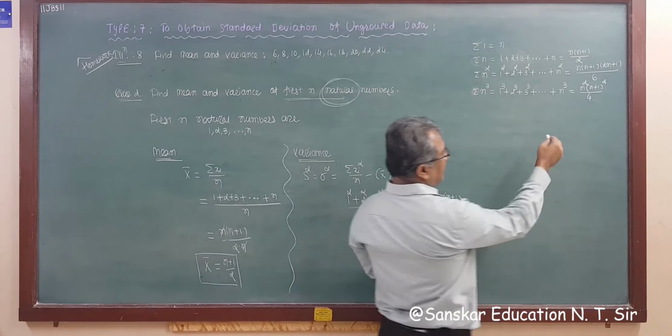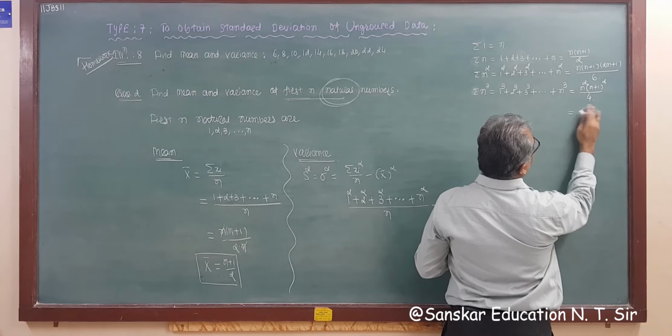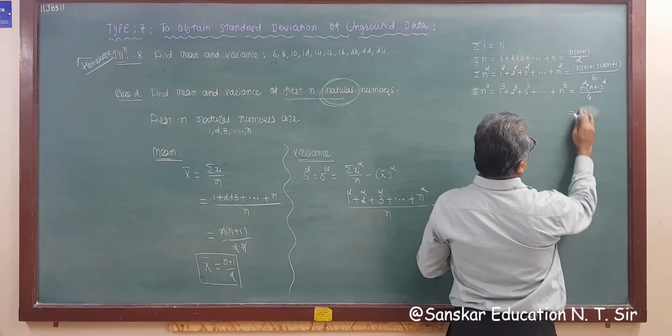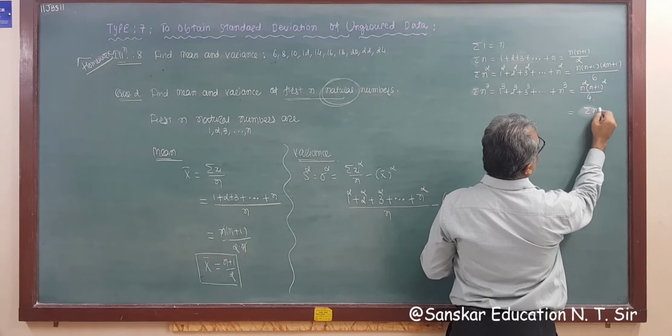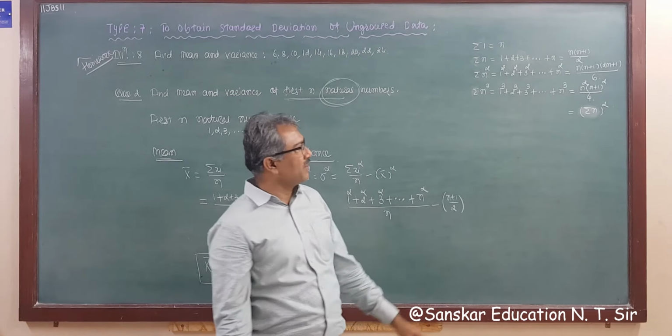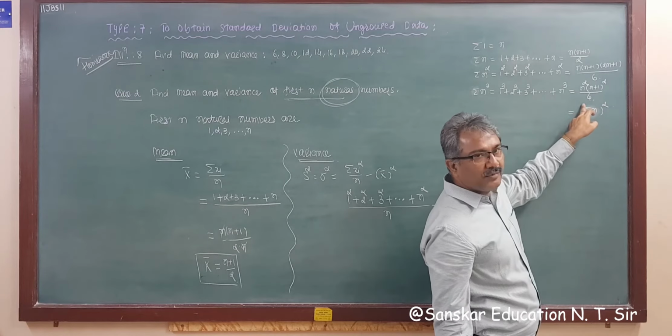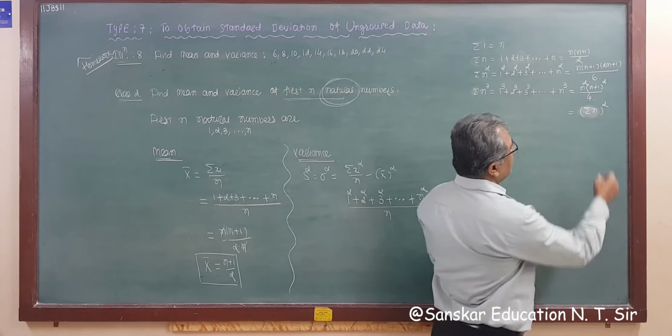Either you can write this as sigma n whole square, because see, this is n plus 1 whole square by 4. So can I write it like this?